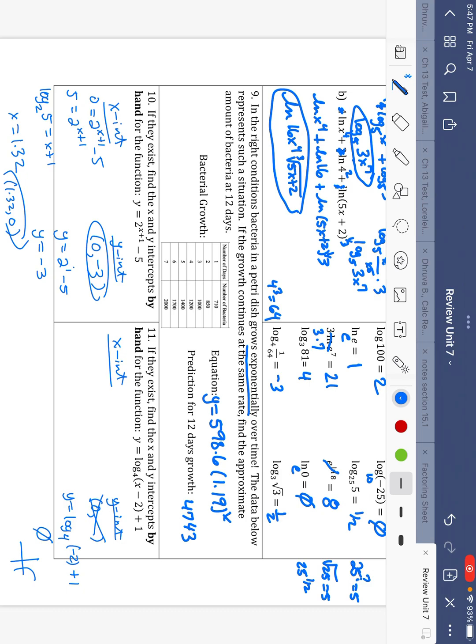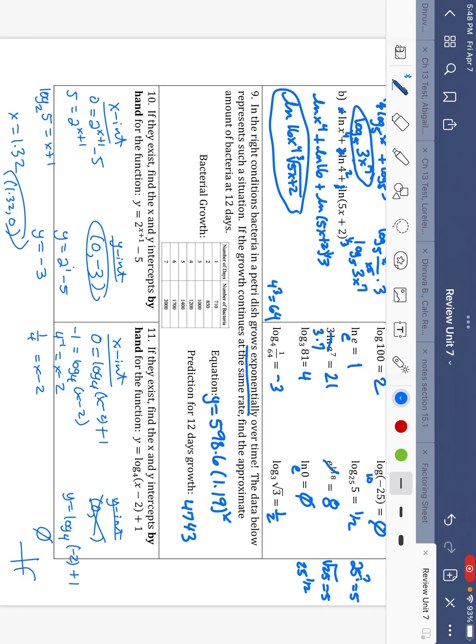All right, over here, plugging in 0 for y. So 0 equals log base 4 of x minus 2 plus 1. I've got to subtract the 1 so that I can put this in exponent form. So I get negative 1 equals log base 4 of x minus 2. In exponent form, 4 to the negative 1 has to equal x minus 2. You could put this in your calculator, but 4 to the negative 1 is 1/4, so 1/4 equals x minus 2.